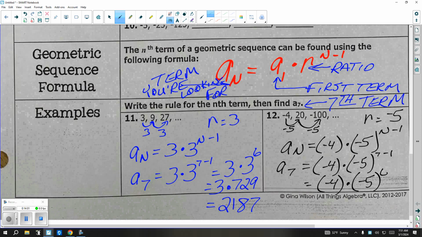If I do -5 to the 6th, make sure you're using parentheses, please. You get 15,625. So it's -4 times 15,625. But that is a grande number. Oh, I hope it fits. Here we go. That's a grande number of 62,500.